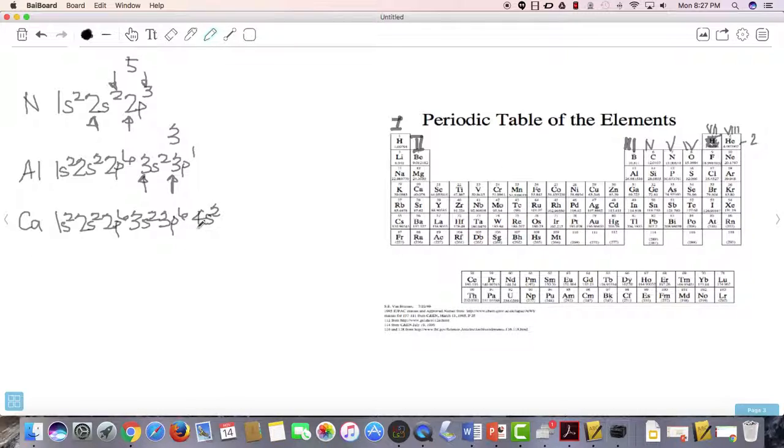The highest principal quantum number here is 4. What period is calcium in? It's in period 4. When we look at this, it does not have a P sublevel in period 4, just an S. So notice here, 2 electrons. What group is calcium in? Group 2.